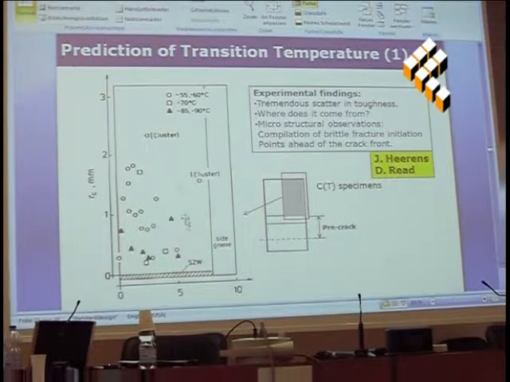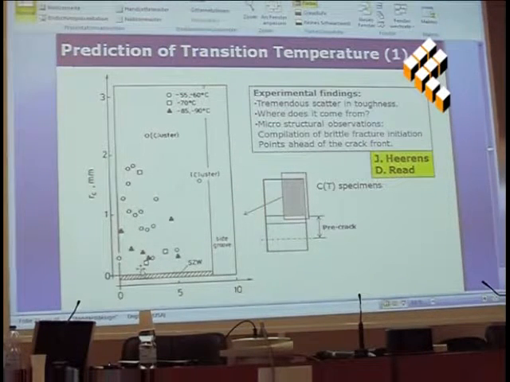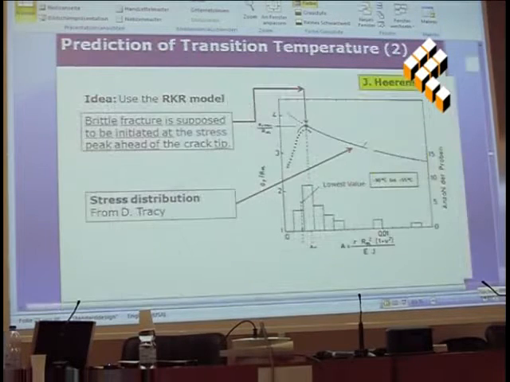These are all the data points he found, the brittle fracture initiation points. They are clustered here towards the center line, of course, what you may expect. And this here is the stress distribution. This was from finite element by David Tracy, finite element solution here.